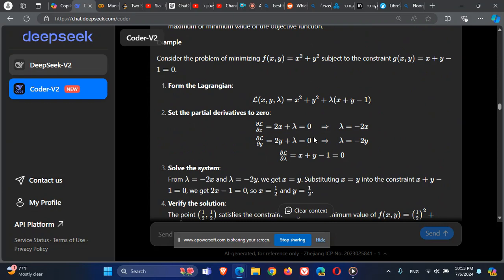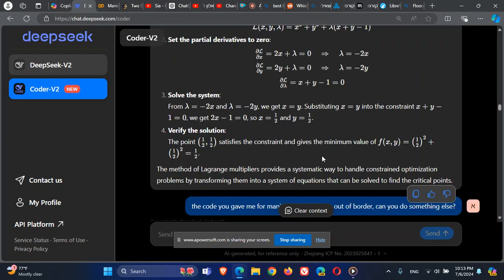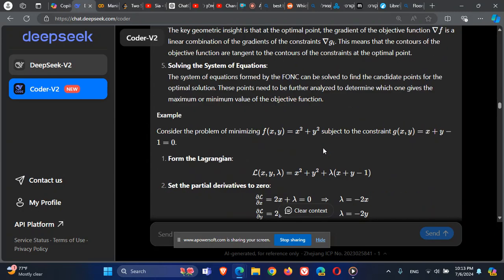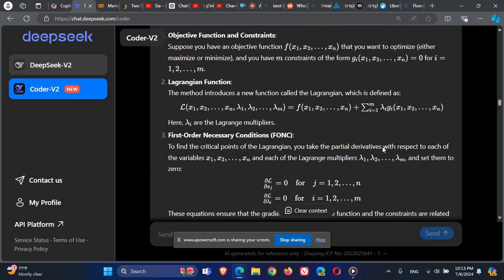It doesn't have to be linear equations. Then we get a solution, which is the optimization point of the function subject to the constraint. So this is how we use and build Lagrange multipliers.